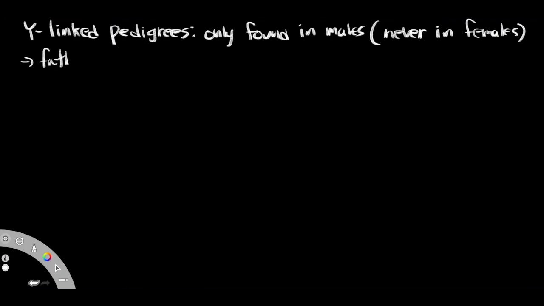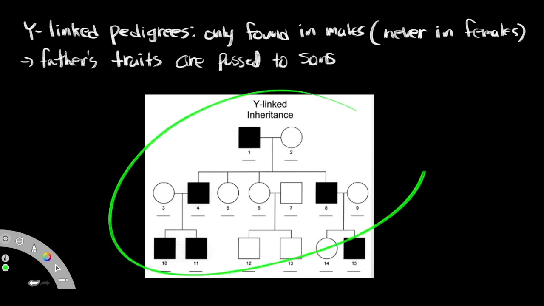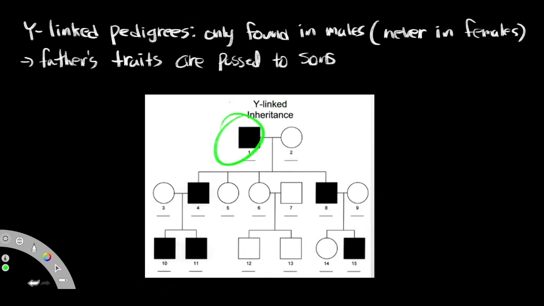So the father's traits are passed to sons only. Here, dominance is actually irrelevant because there's only one copy of each Y-linked gene. This is known as hemizygous. And as you can see here with another example, males only passing to the male, male passing to the male, same thing here, same thing here.